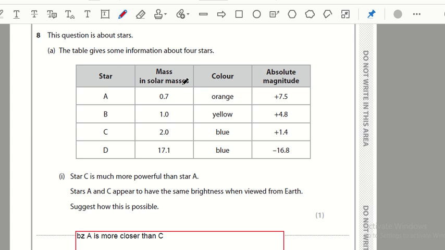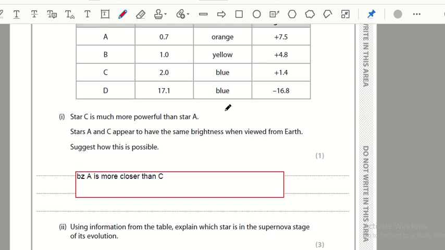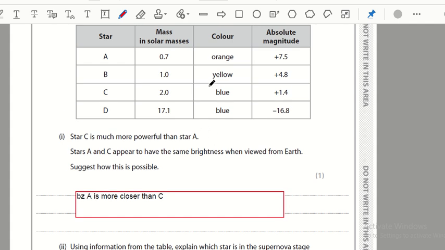Stars, different stars, their masses, their colors, and absolute magnitude. Stars A and C appear to have the same brightness. How does this come about, although they have different solar masses?